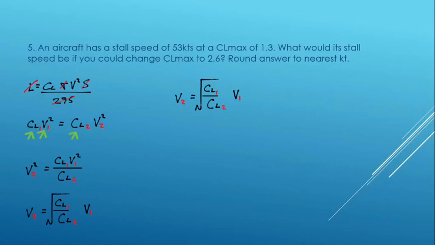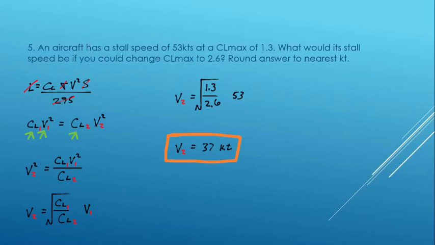So that's our formula. We substitute the values in: CL max of 1.3, changing the CL max to 2.6, take the square root of that, multiply that by the original velocity, and we get a new velocity of 37 knots.